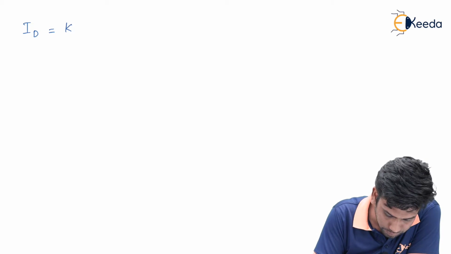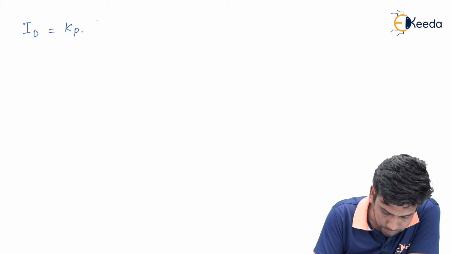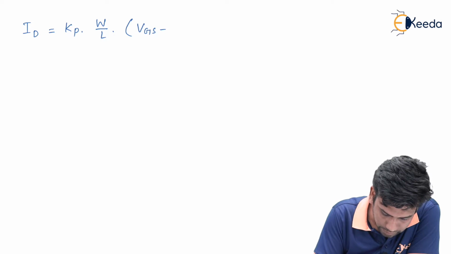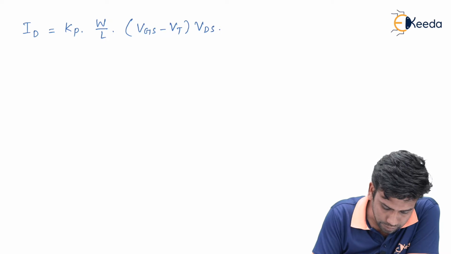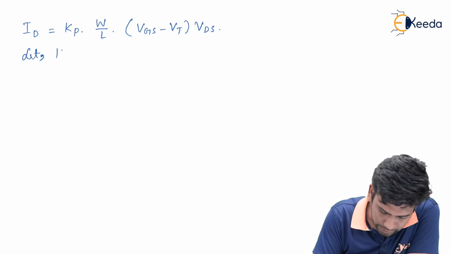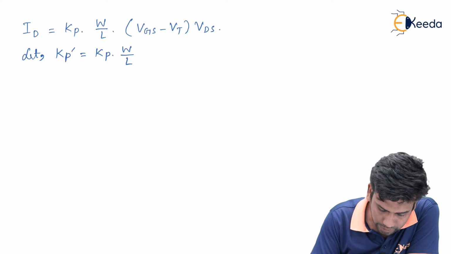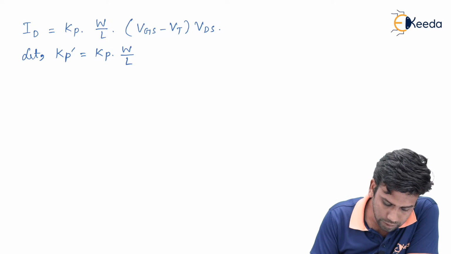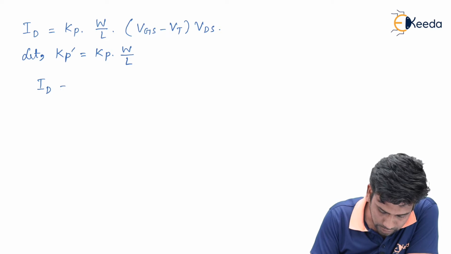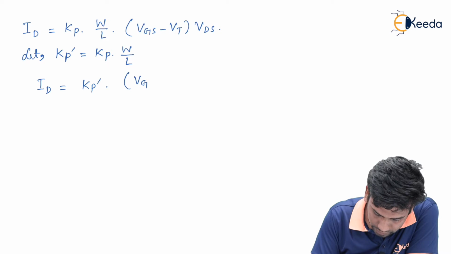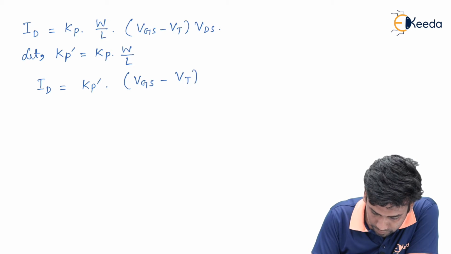So the final equation of the ID by putting the value of Kp can be written as ID equals Kp into W by L into (VGS minus VT) into VDS. So let Kp dash equal Kp into W by L. If I put the value of Kp dash, the equation of ID will be Kp dash into (VGS minus VT) into VDS.